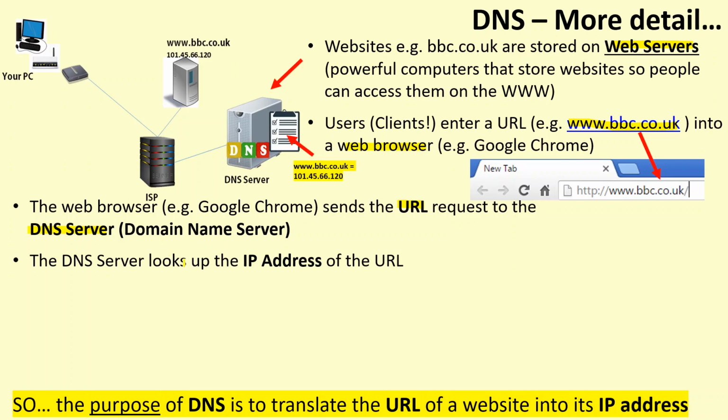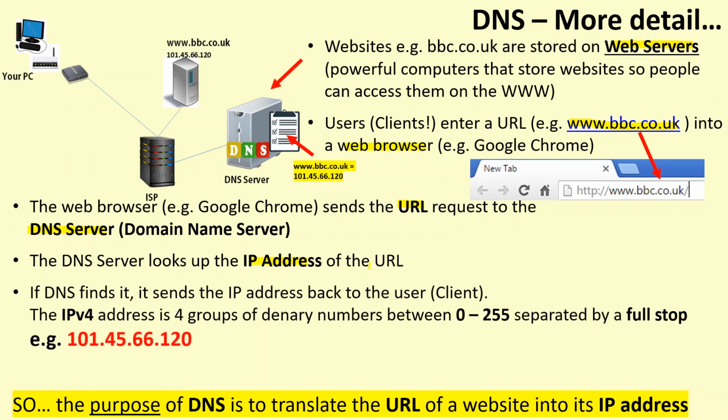The DNS server then looks up the IP address of the URL in its database. If it finds the URL, it will then look up the IP address and send it back to the client. So it will send the IP address for the website back to the client, the user.